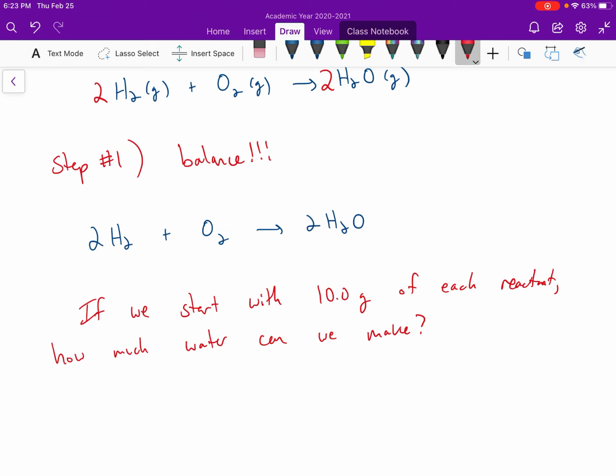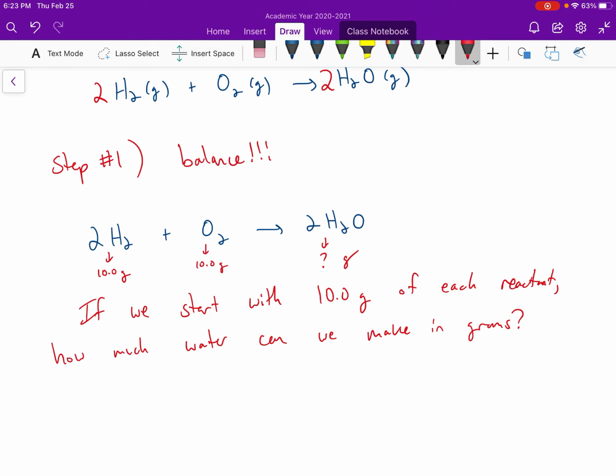If we start with 10 grams of each reactant, right? So that would be like we're starting with 10.0 grams of this one, 10.0 grams of this one, and I'm actually even going to add something here. I'm just going to say in grams. So we want to know how much of this can we make in grams.